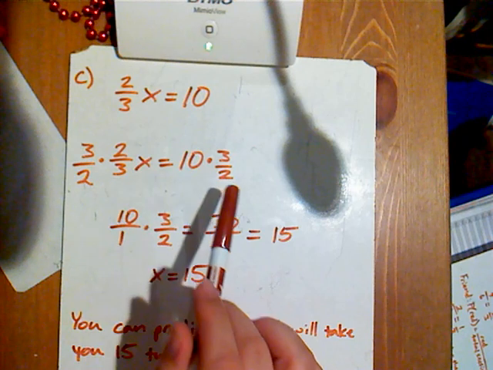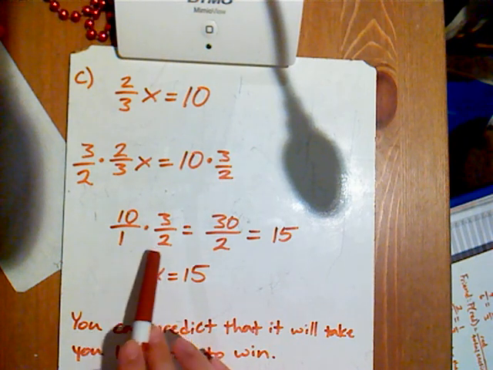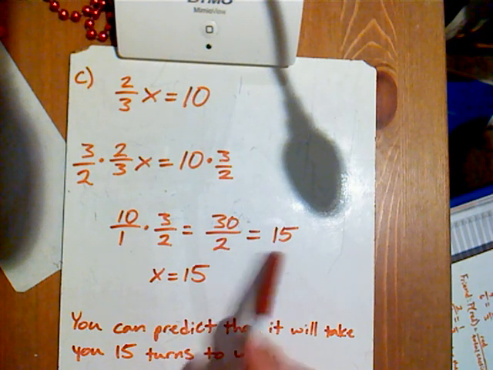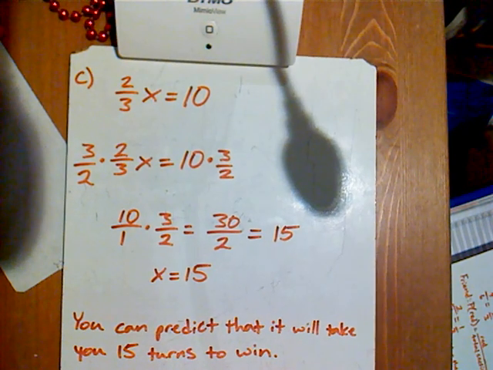So multiply both sides by 3 over 2. So 10 over 1 times 3 over 2 gives us 30 over 2, which equals 15. So X is 15. So you can make the prediction that it will take you 15 turns to win the game. And that is theoretical probability.